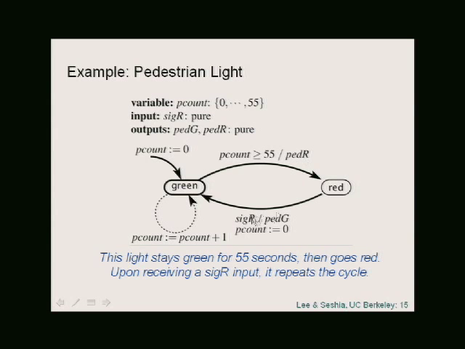Okay? So that's the pedestrian light model, and this is the car light model. What would be a reasonable form of composition to combine these two? Synchronous or asynchronous? Synchronous, right?